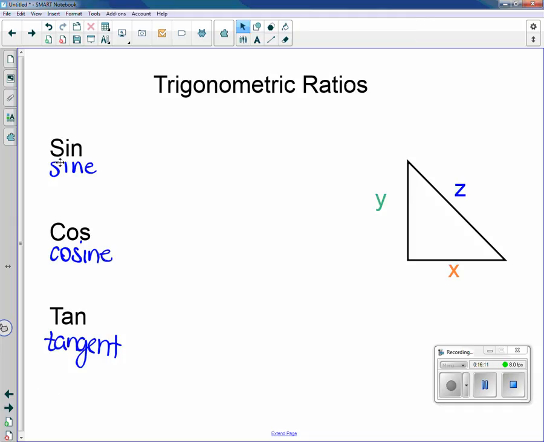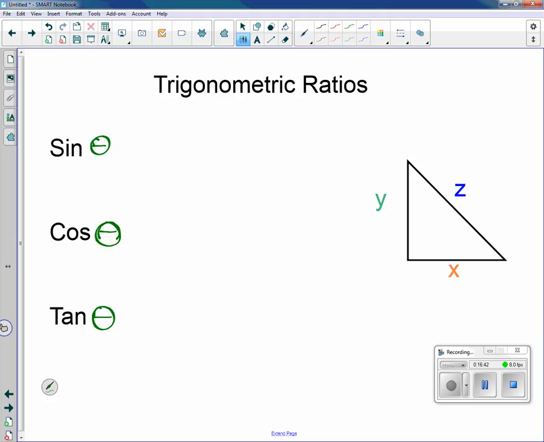Is everybody with me? Now, we always do these in reference to an angle. And because I don't have a specific angle here, in generic terms, I'm just going to use the Greek letter theta. It looks like this. Oh, yes, please get that. This is number 4. Okay? So, there we are. Theta.